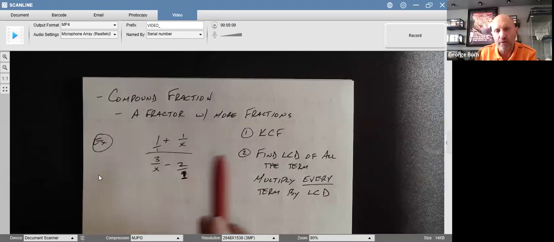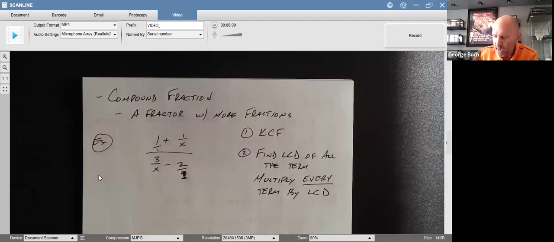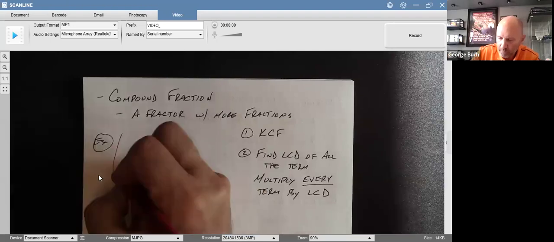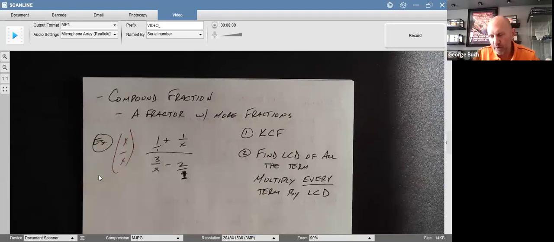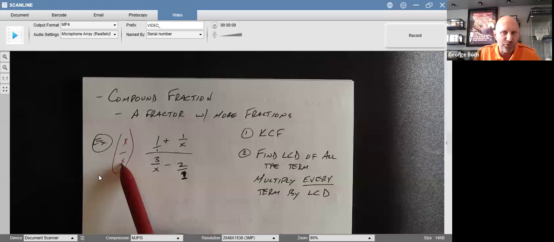So it's x. Now, the math behind, well, wait, why are we just multiplying every term by the LCD? Well, technically what I'm doing is multiplying this entire expression by the LCD x over x. Because x over x is what? It's just 1, right? Simplifies to 1. So I'm changing how this looks, but I'm not changing the value.